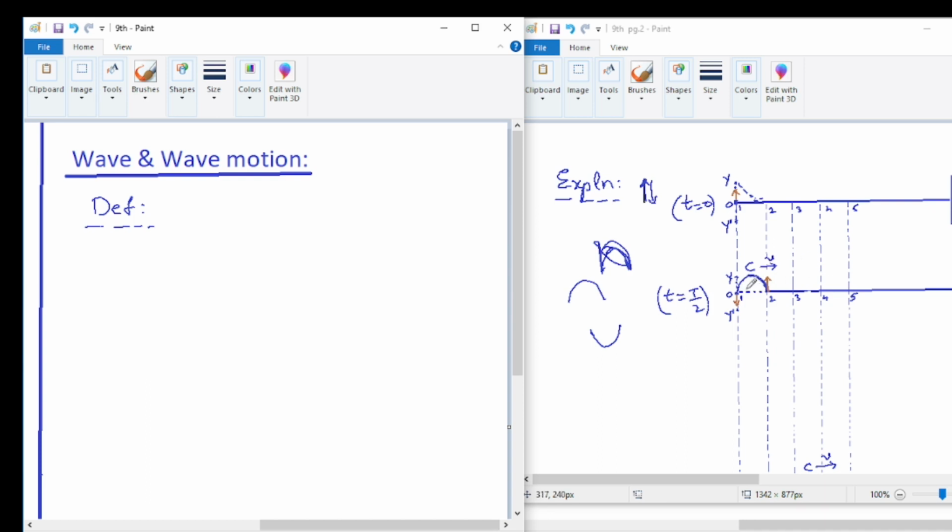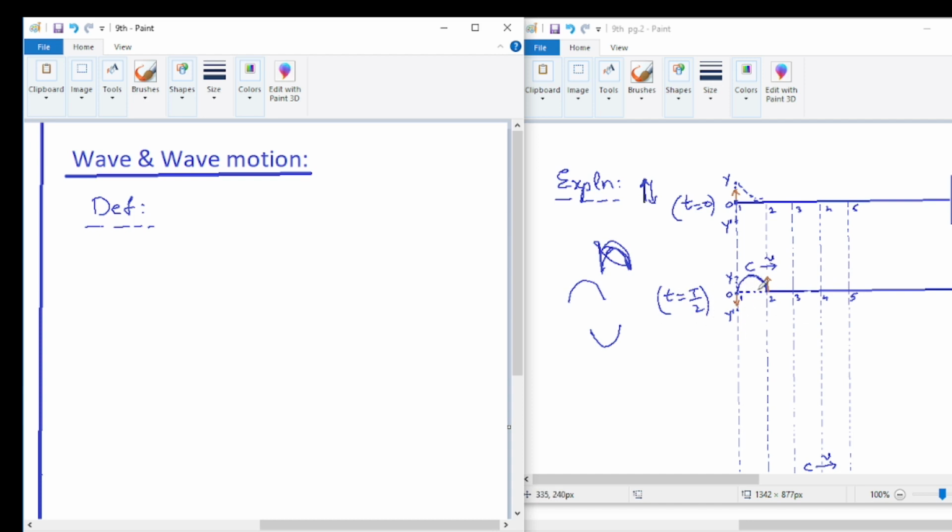The remaining part of the string, from particle 2 up to the right end, is completely undisturbed. But a little later, the disturbance created here starts moving along the string towards the other end with a definite velocity. The crest actually starts moving. So at any time greater than T by 2, where will be the crest?